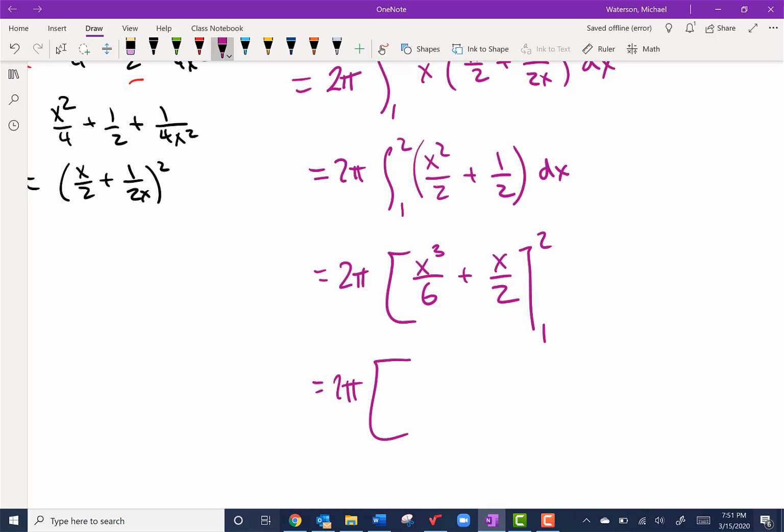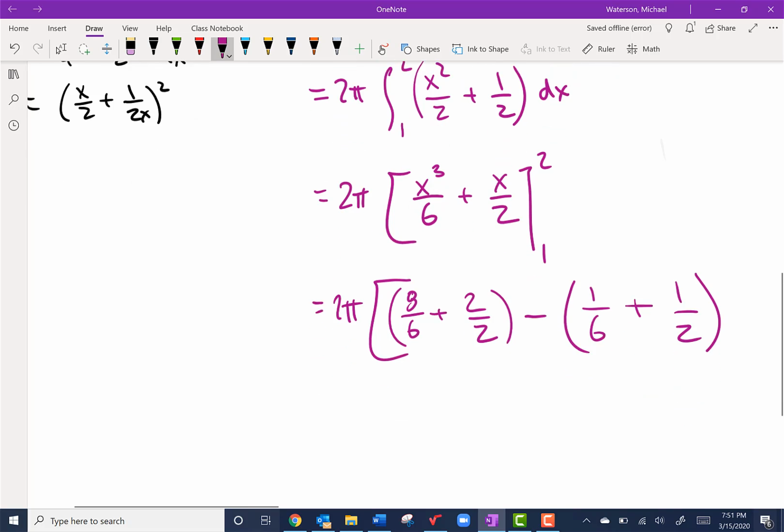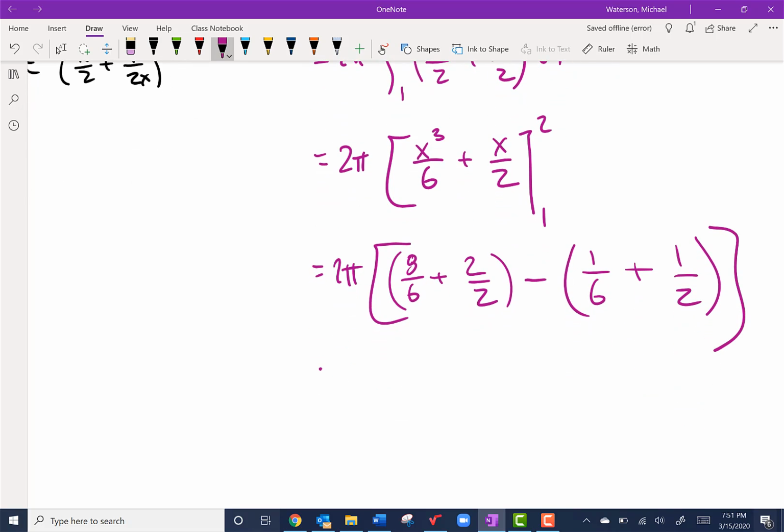So 2 cubed is 8 over 6 plus 2 over 2, minus, let's slap our 1's in there, 1 cubed is 1, that's 1 over 6, minus 1 over 2. Let's make a common denominator for all of them, and I think we'll be through. 8 over 6 plus 6 over 6 minus 1 over 6 minus 3 over 6.